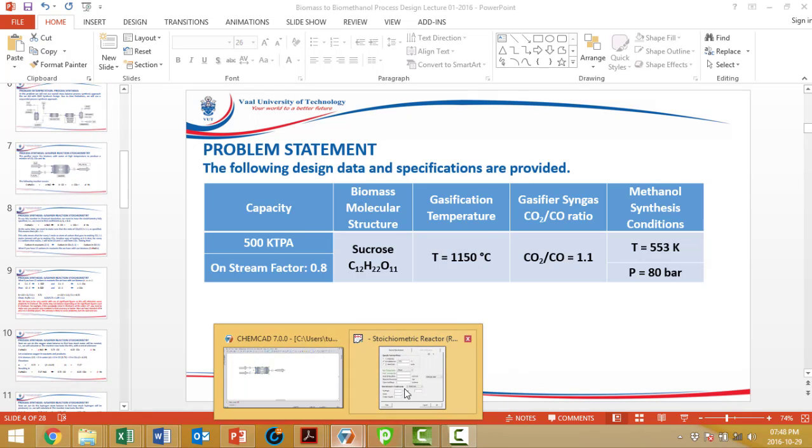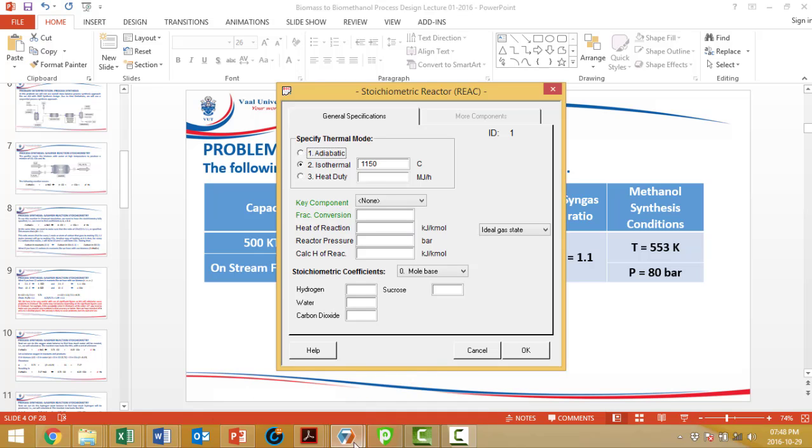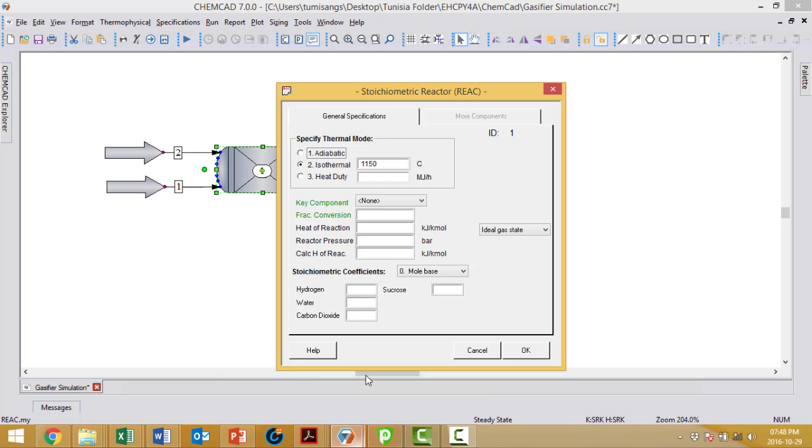Going back to Chemcad, the key component that we are going to be using is sucrose, and the fractional conversion is 100%, which is 1. And then the next thing that we need to do is to specify the reaction.